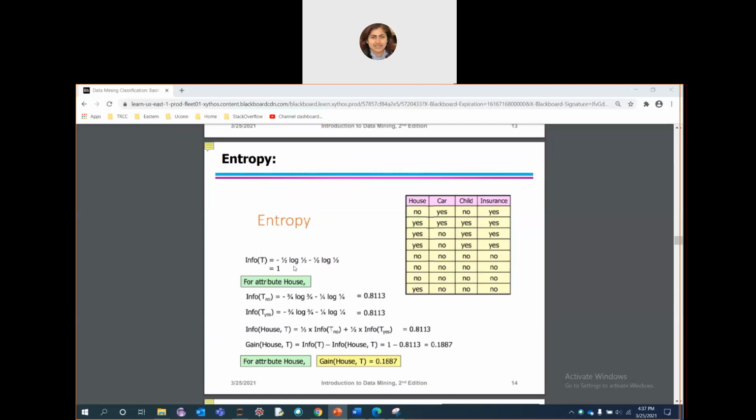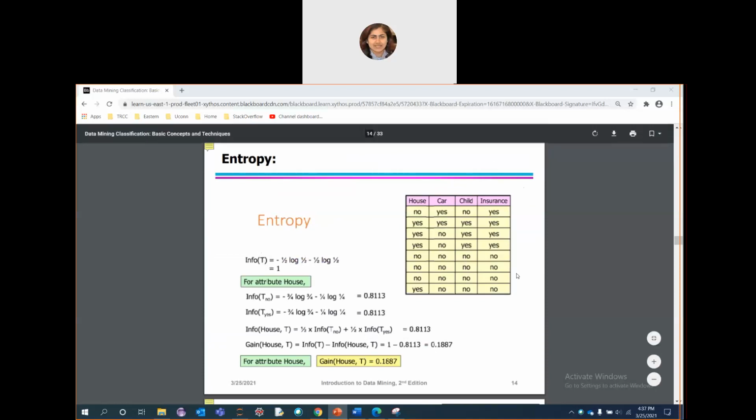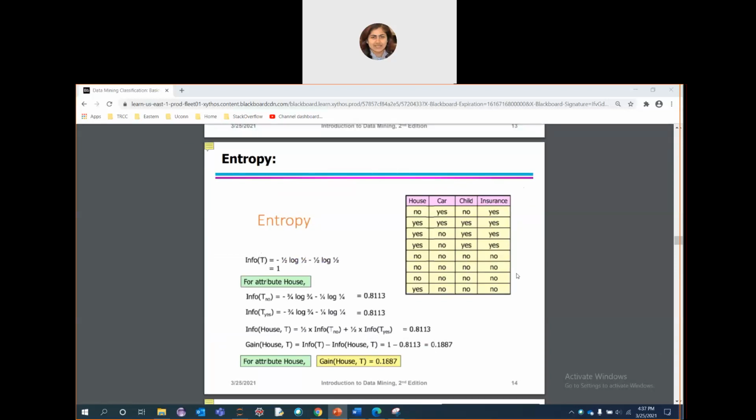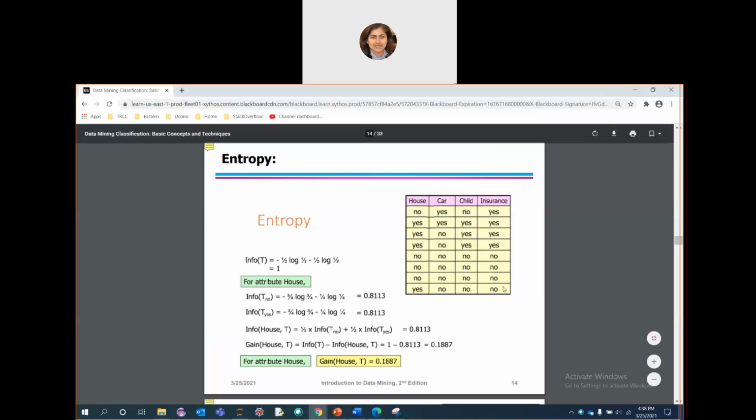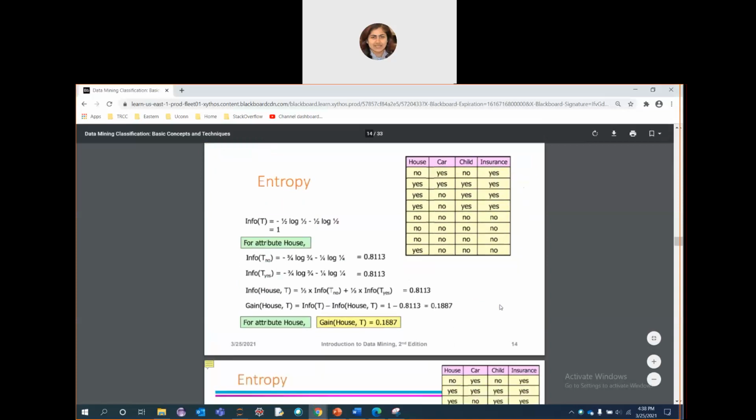These three things we are going to calculate. So first we need to calculate the entropy of the whole data set. Now for finding out the whole data set entropy, as we want to see whether someone is likely to purchase insurance or not, we have to mostly rely on the target class, correct?